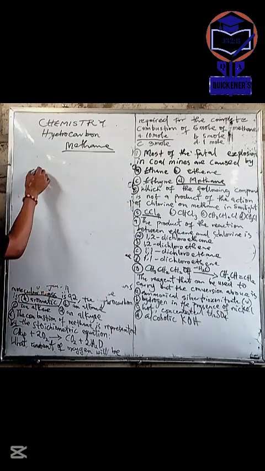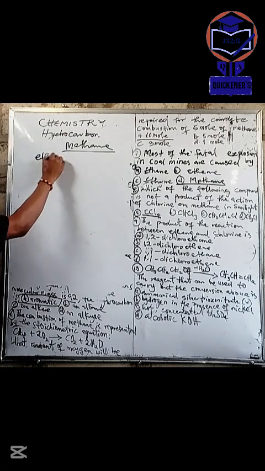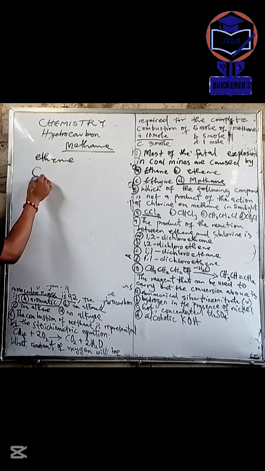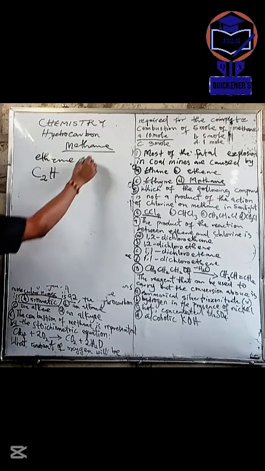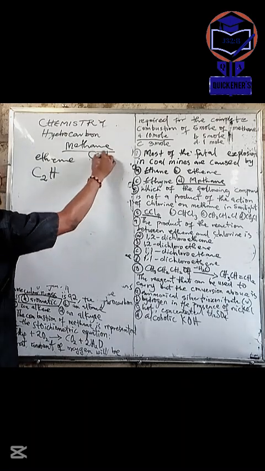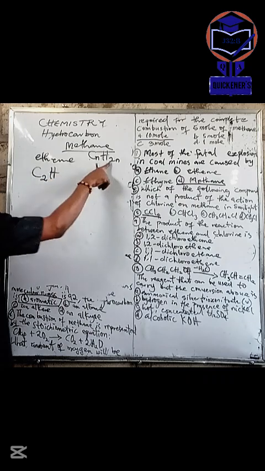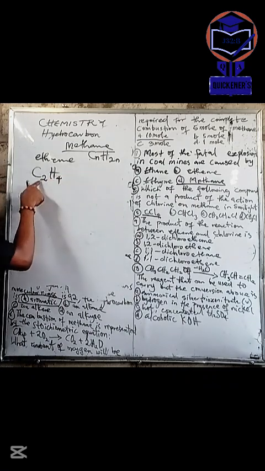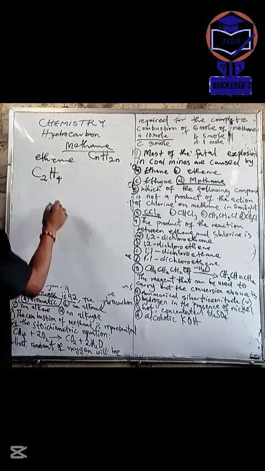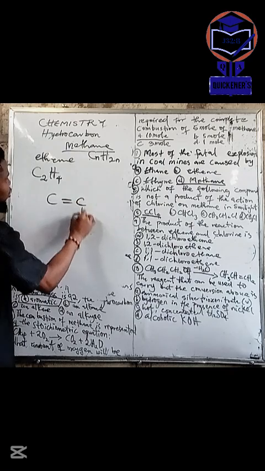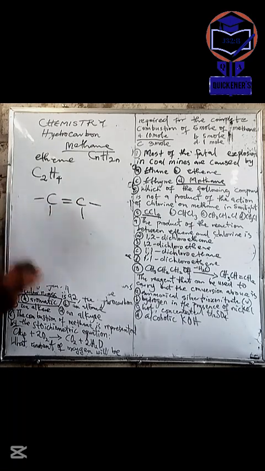Let me write the word ethene. Now the formula is CnH2n, the alkene family. So that is 2 times 2, that will be 4, C2H4. Now this is the structure. You need the structure in order to understand what is happening.